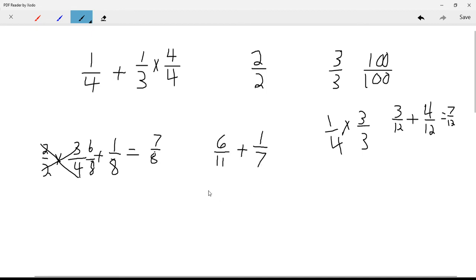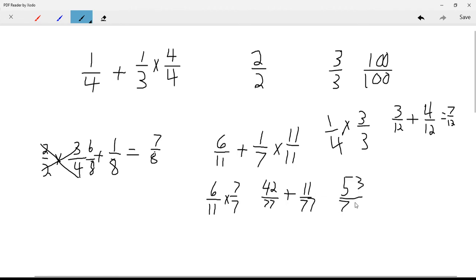So we're going to have to multiply this first one by 7 over 7, and this one by 11 over 11, and we are going to get 6 times 7 equals 42, 11 times 7 equals 77, plus 11, right? 1 times 11 is 11, over 77, because 7 times 11 is 77. Now we just add these up. 42 plus 11 is 53 over 77.